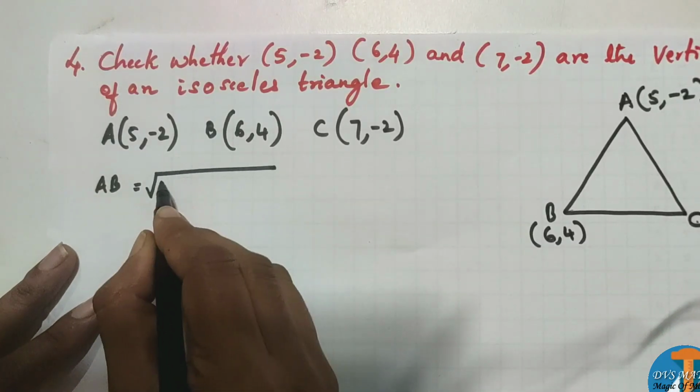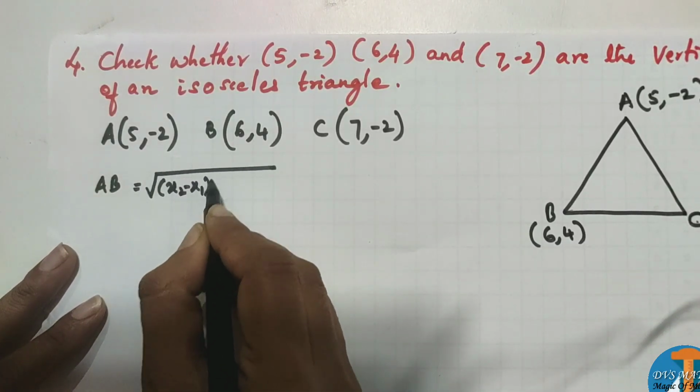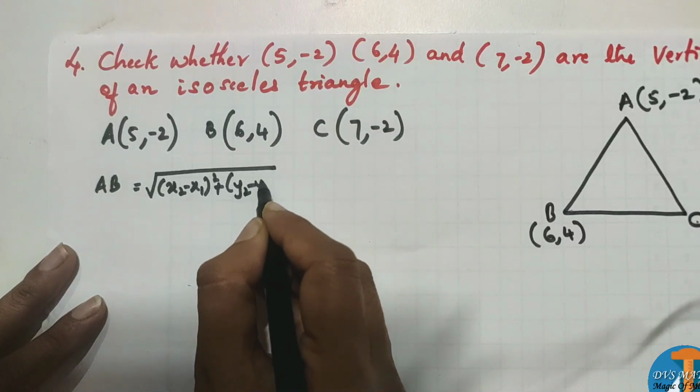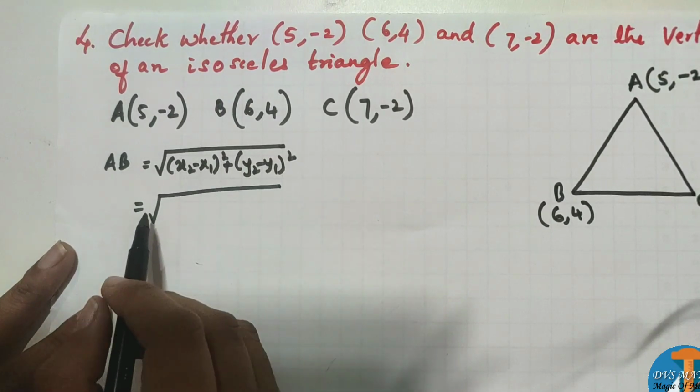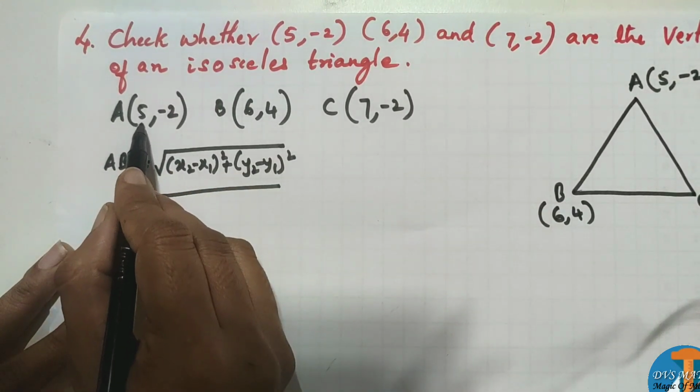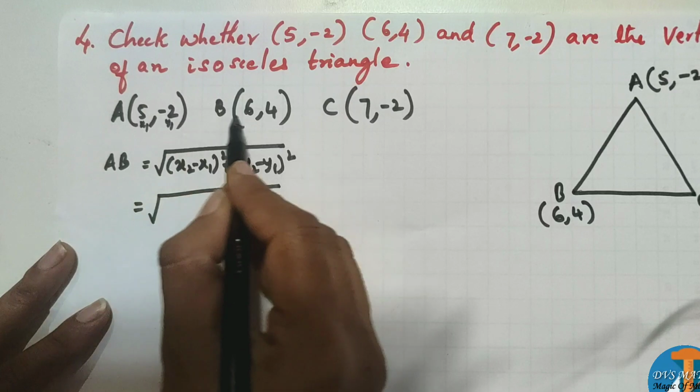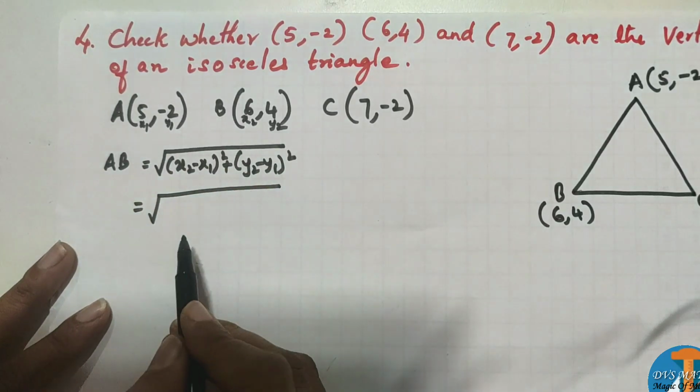What is the formula? Again, x2 minus x1 whole square plus y2 minus y1 whole square. So now if we substitute, what is x2 now? Let us consider this as x1, y1, x2, y2 ಅಂತ ತಗೊಳ್ಳಿ.